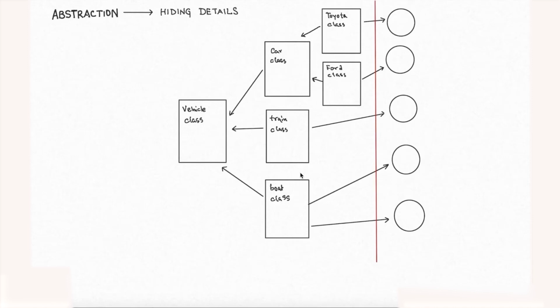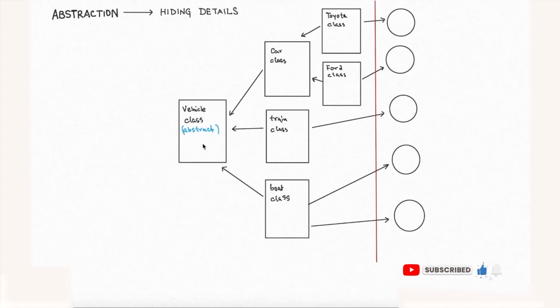Now we have seen abstract classes as well. So we can create abstract methods in the vehicle class, let's say. And what that does is that it forces anyone who inherits from the vehicle class to implement those abstract methods. Of course, the vehicle class becomes abstract in the process. But when the vehicle class becomes abstract, meaning that we include some abstract methods in it, we do not provide the implementation of those methods in the vehicle class.